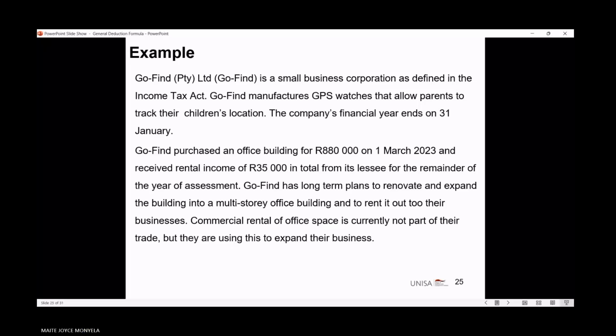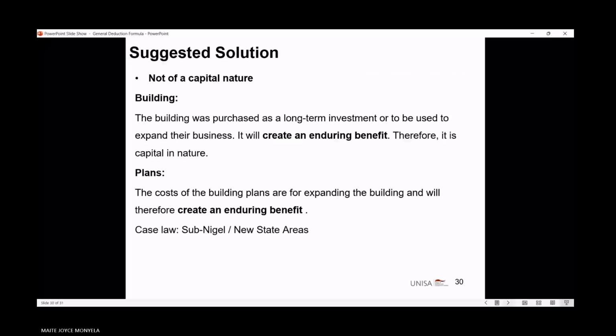Does it create an enduring benefit? Let's take the question. We are saying the building was purchased as a long-term investment, or to be used to expand the business. So it will create an enduring benefit, therefore it's of a capital nature. If it's creating an enduring benefit, it will be of a capital nature.